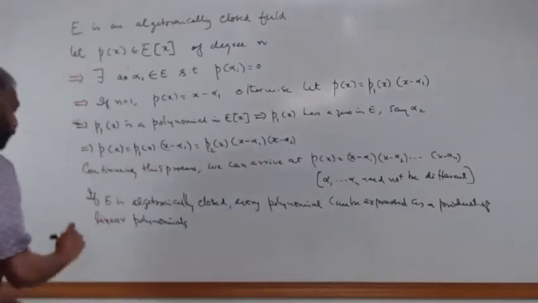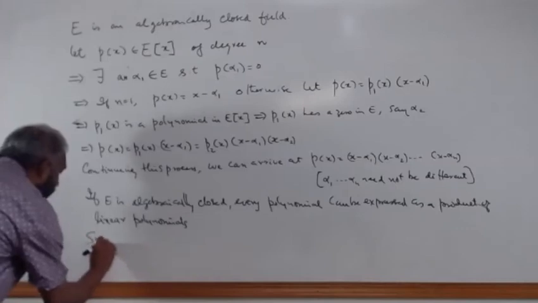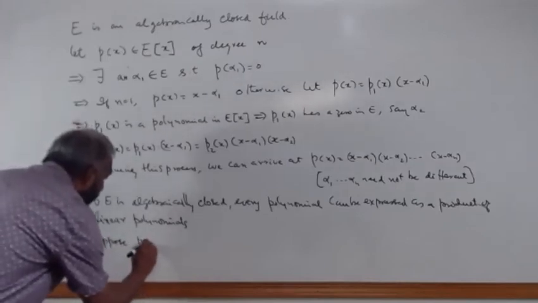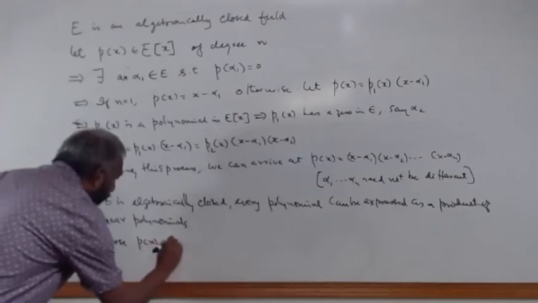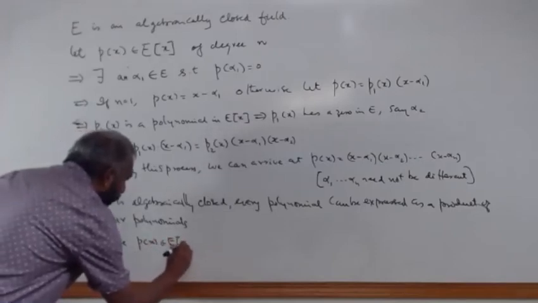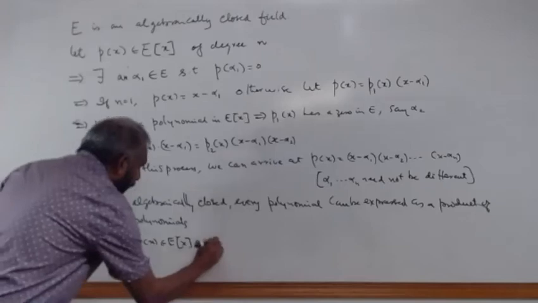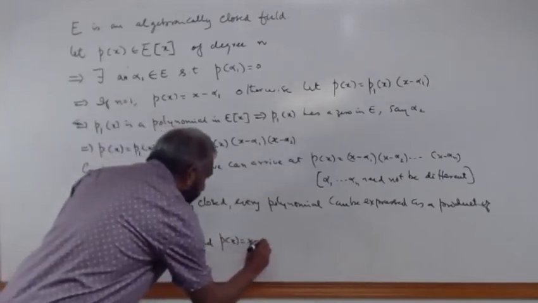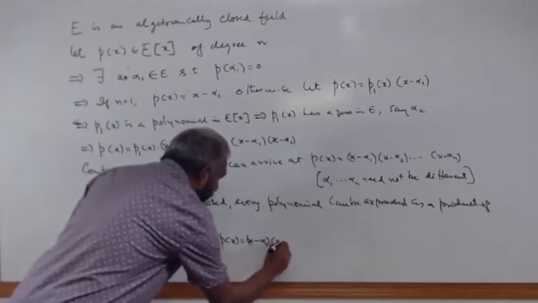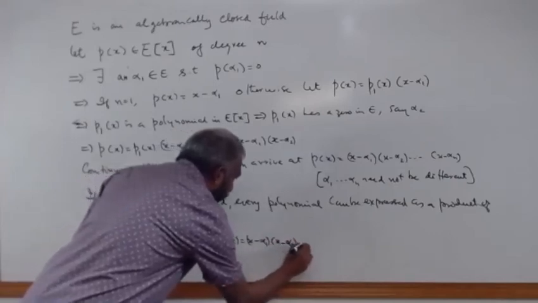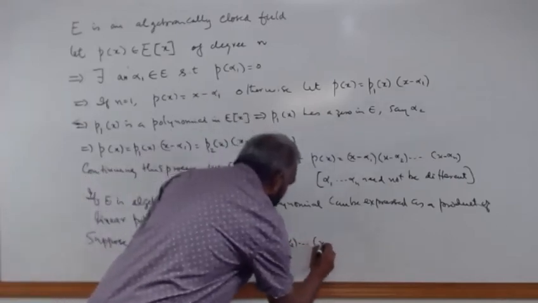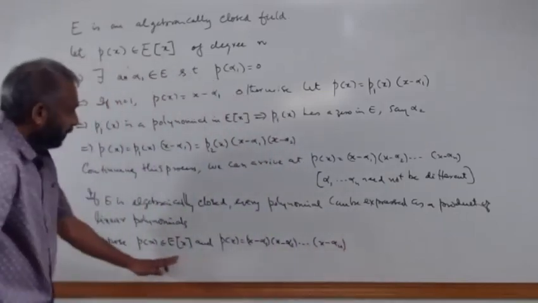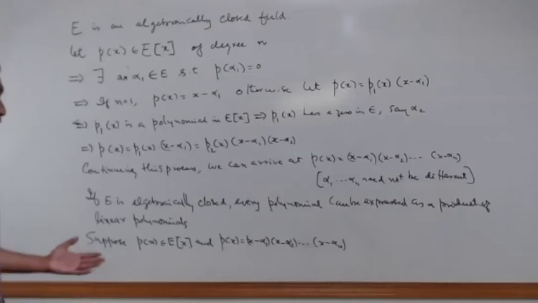And if you take the other way, suppose p of x belongs to E of x and p of x is equal to x minus alpha 1, x minus alpha 2, ..., x minus alpha n, then what does that mean?